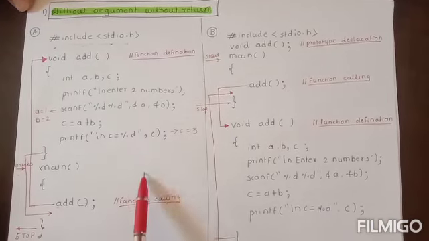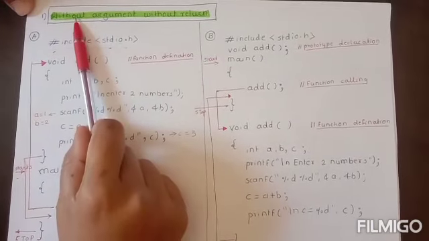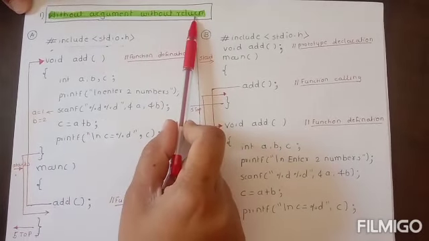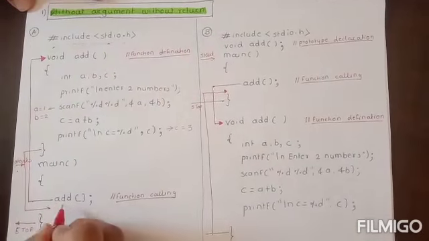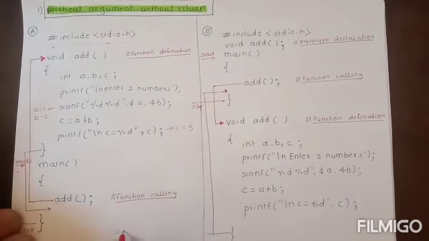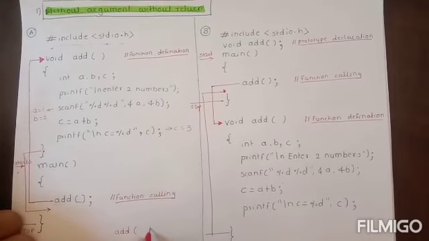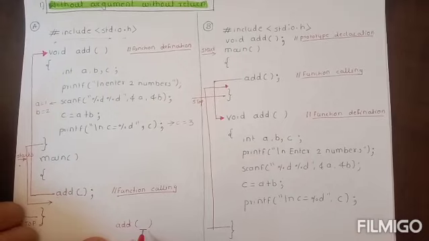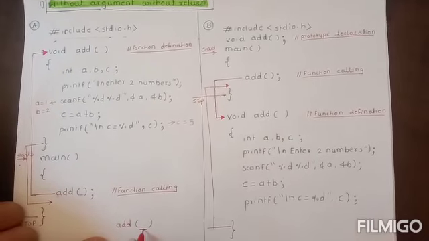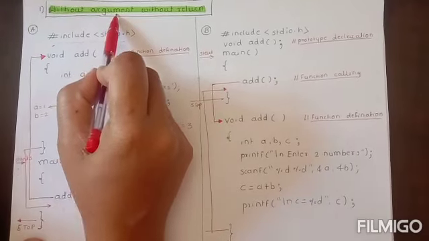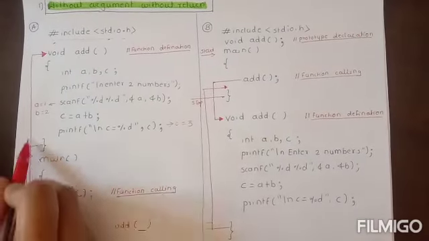So this style we'll call the first category, without argument, without return. Why? Because if you observe here, in this add function, we are not passing anything. We are not passing any parameter with any argument. So we'll say it's without argument.